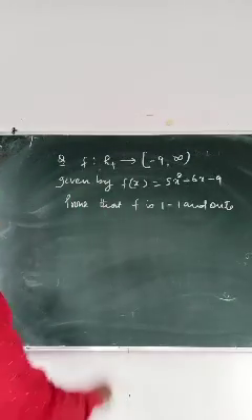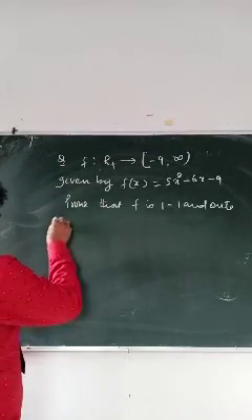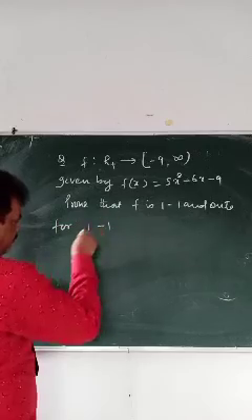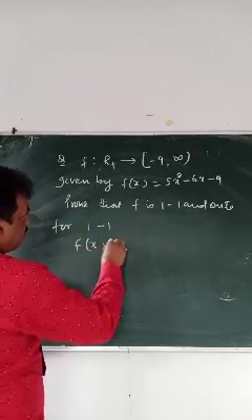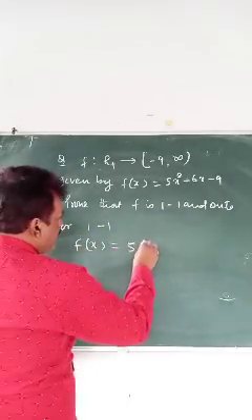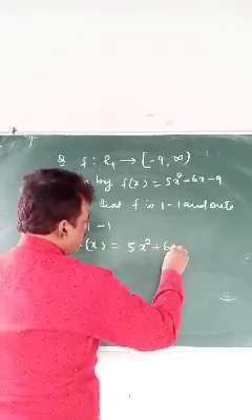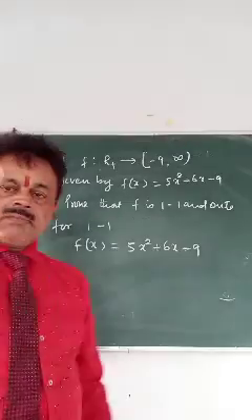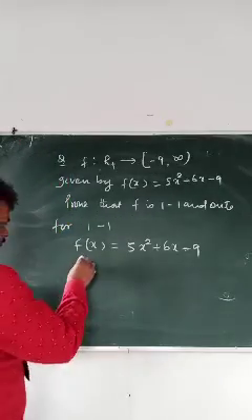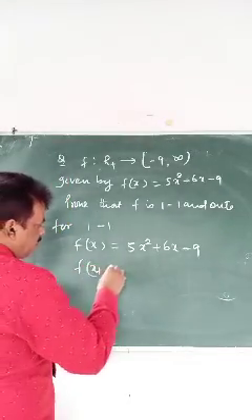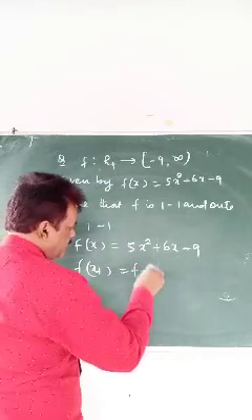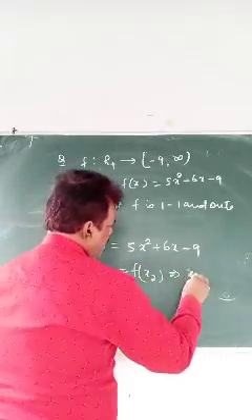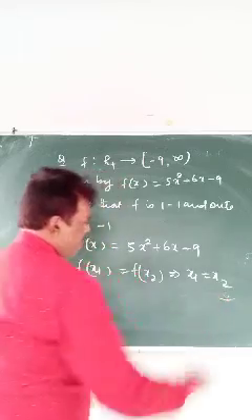Okay. Proof for one-one. f(x) is given as 5x square plus 6x minus 9. Now look at f(x1) equals f(x2) implies x1 equals x2.